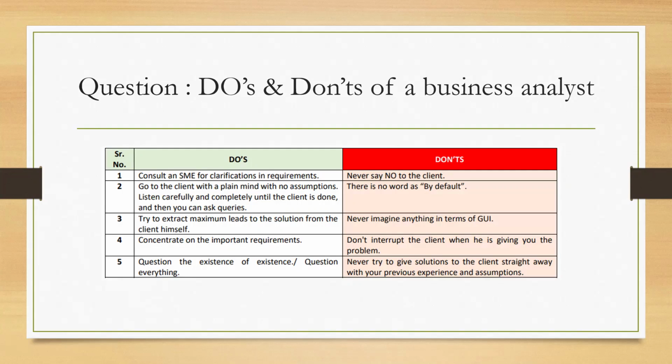And here you can see don'ts, like never say no to the client and don't use defaults. Okay. So never imagine anything in terms of GUI in your own way. Okay. And concentrate on the important requirements. Okay. If you have more, you can write down a few more points for do's and don'ts.